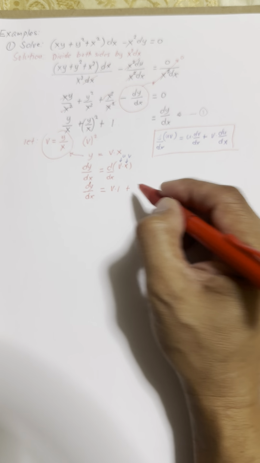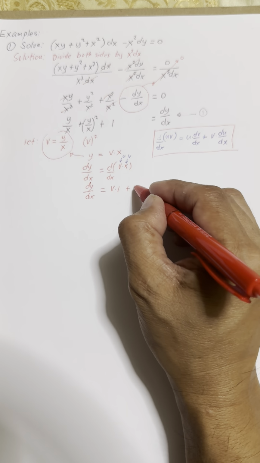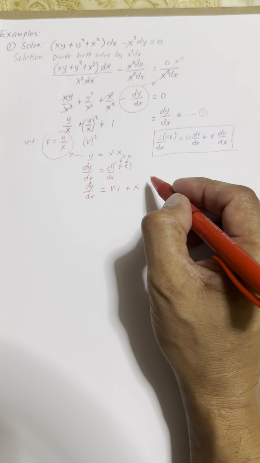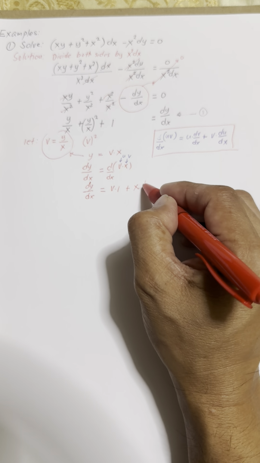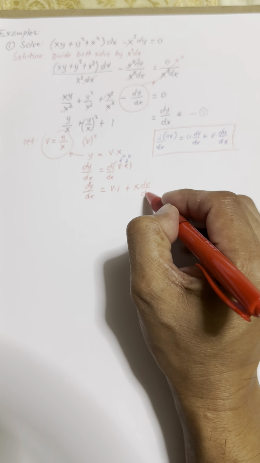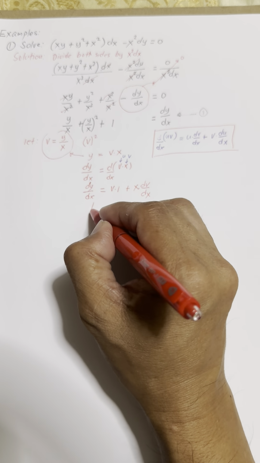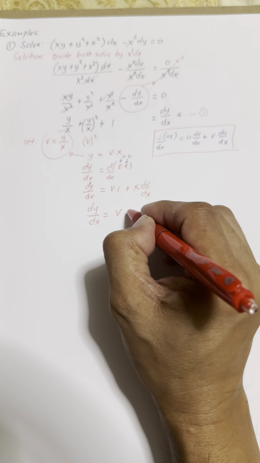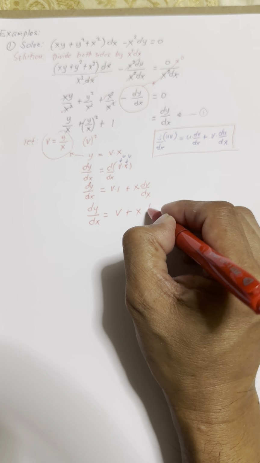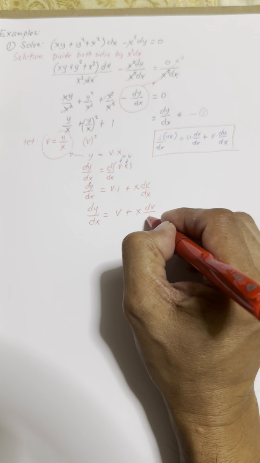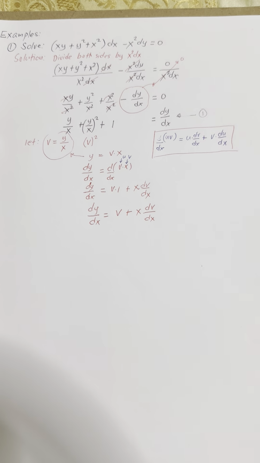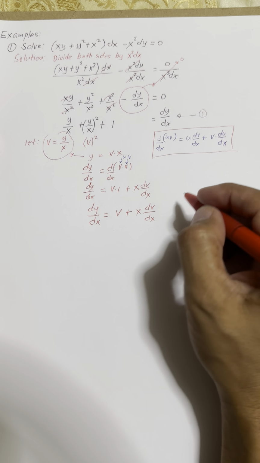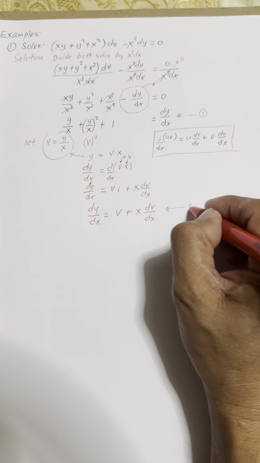Then plus x times the derivative of v with respect to x. So dy over dx is equal to v times 1, which is v, plus x times dv over dx. We can call this our equation 2.